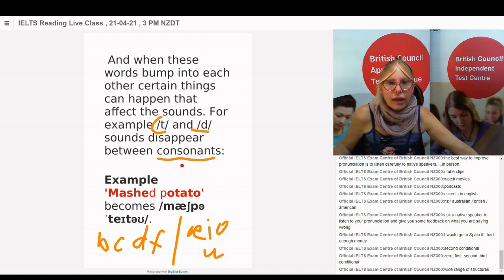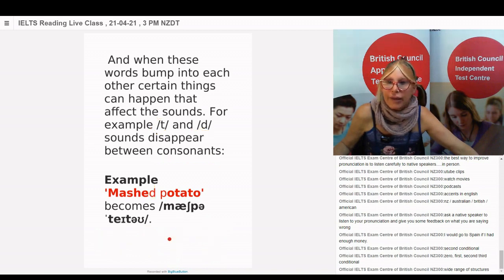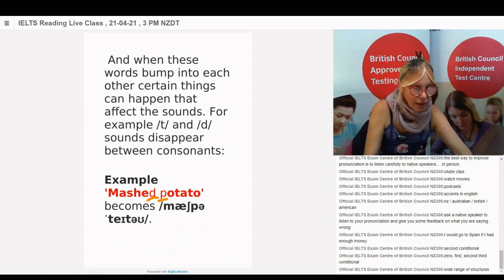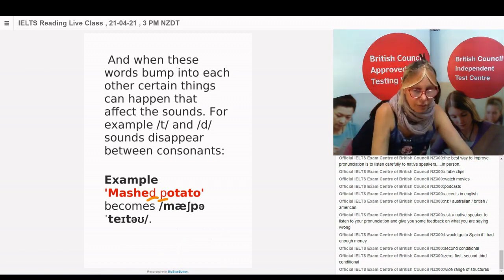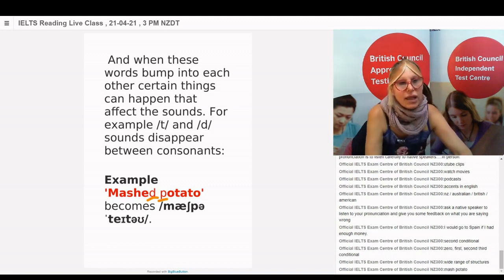For example, mashed potato. So there we have a D and there we have a P. We don't say it separately, we say mashed potato, and it almost sounds like we're saying it without a D and without a P. So the D sound has gone.